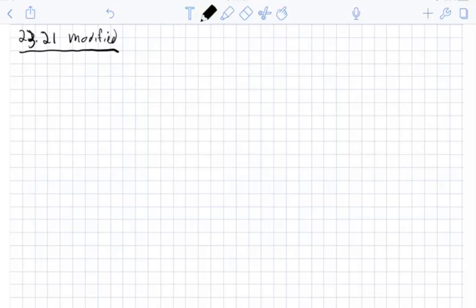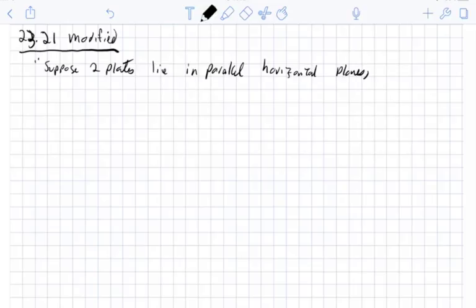So suppose 2 plates lie in parallel, horizontal planes. One plate in the xy plane at z is equal to 0.